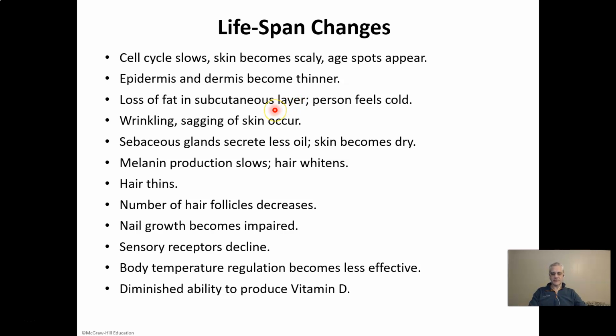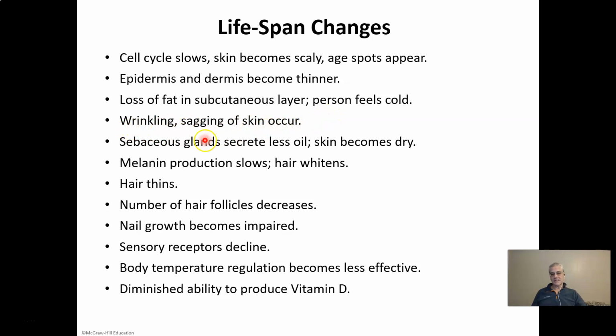Prednisone is responsible for that, and prednisone is used in a lot of diseases to mitigate some of the problems with those diseases. You tend to lose subcutaneous fat. I wouldn't mind losing some subcutaneous fat right now, but you need that subcutaneous fat layer to insulate the body, to keep the body at the right temperature. People start to feel cold.